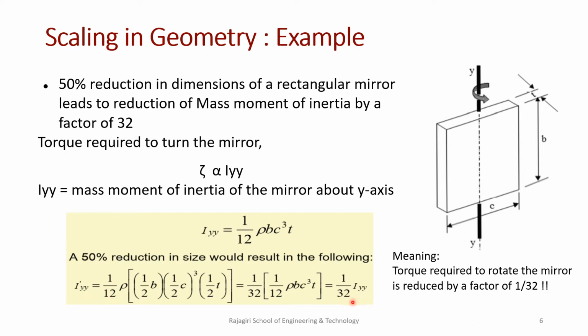It will be equal to 1/32 times the previous Iyy. So this essentially means that the torque required to rotate the mirror is reduced by a factor of 1/32. So because of the scaling in the linear dimensions by 50%, the torque required to turn the mirror has reduced by 32 times.